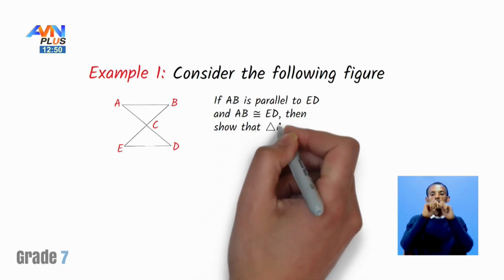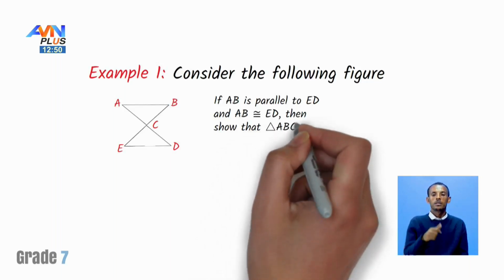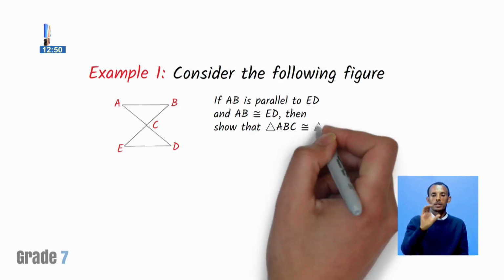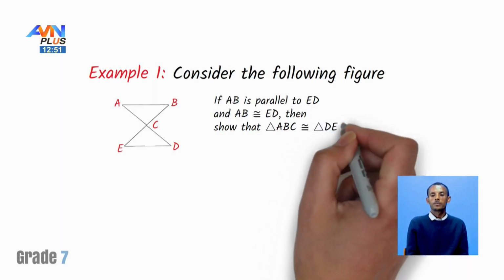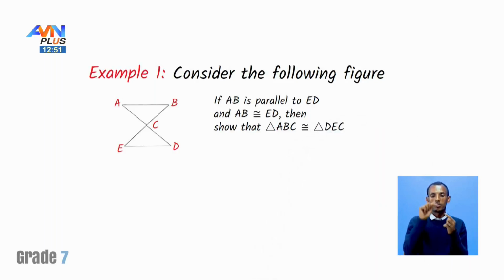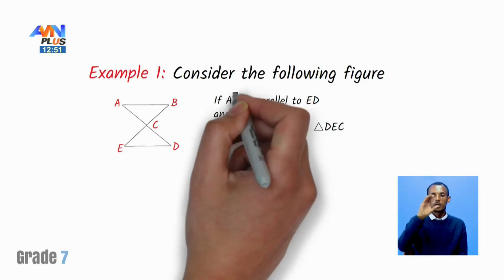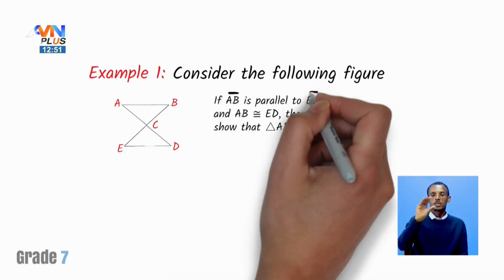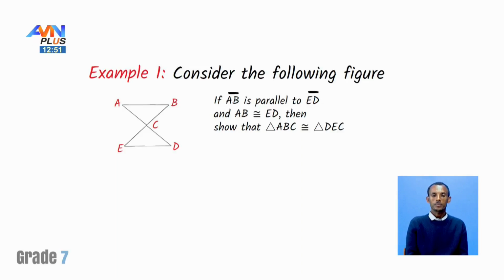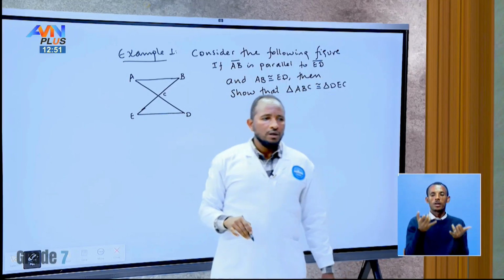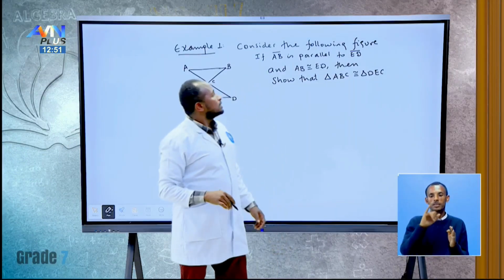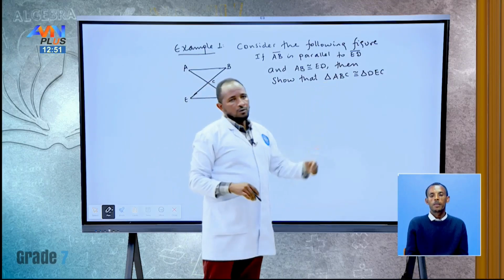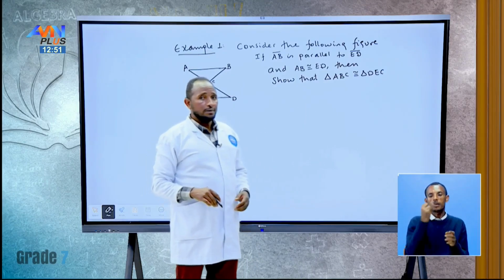triangle ABC is congruent to triangle DEC. Okay. Now let's check, or let's do it together.